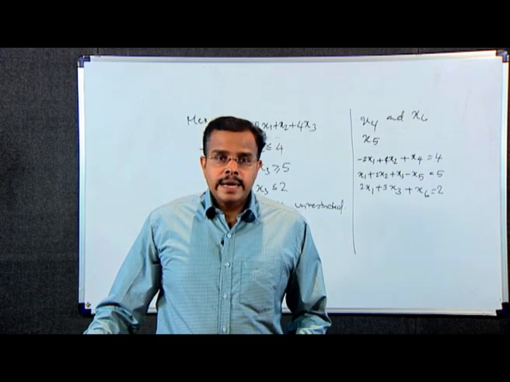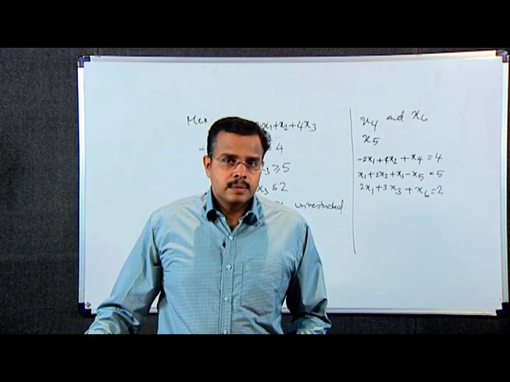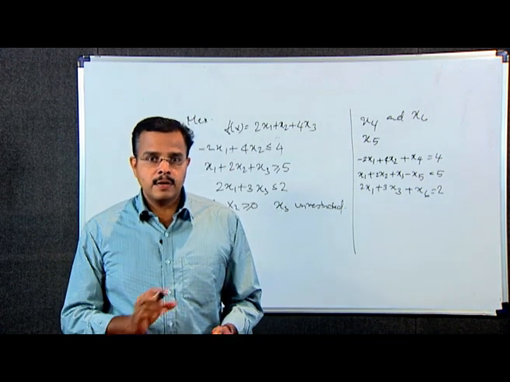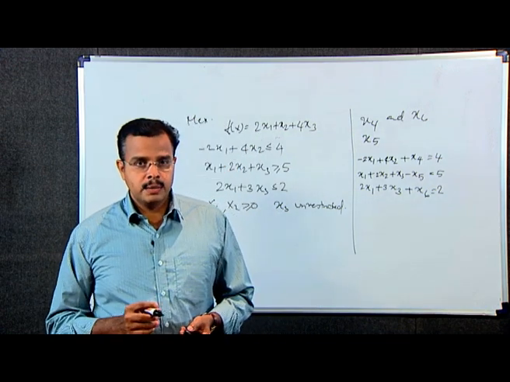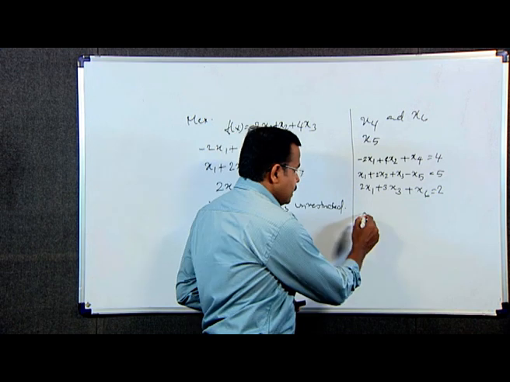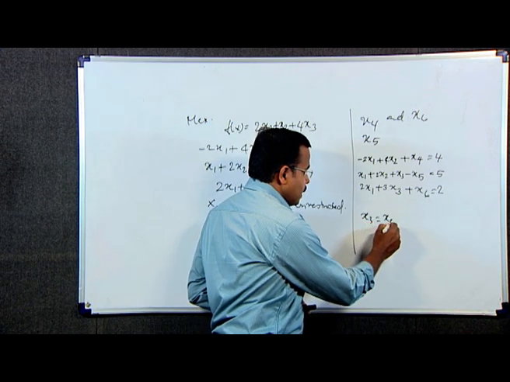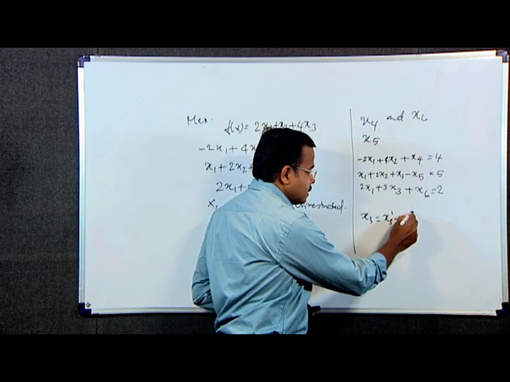Here the variable x3 is unrestricted. Let us change it as the difference between two non-negative variables: x3 equal to x3 dash minus x3 double dash.